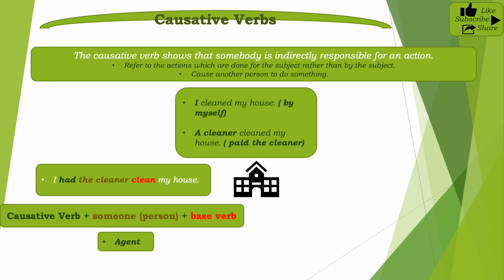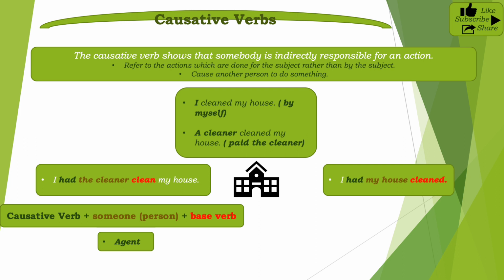This is the first structure. So keep that in your mind before we discuss the second structure. Let's have a look. I had my house cleaned. Now, what do you think is missing in this? Have a look. The cleaner. Have you noticed?